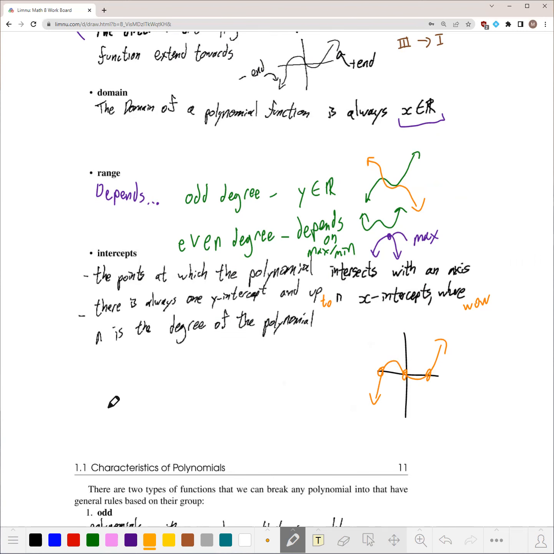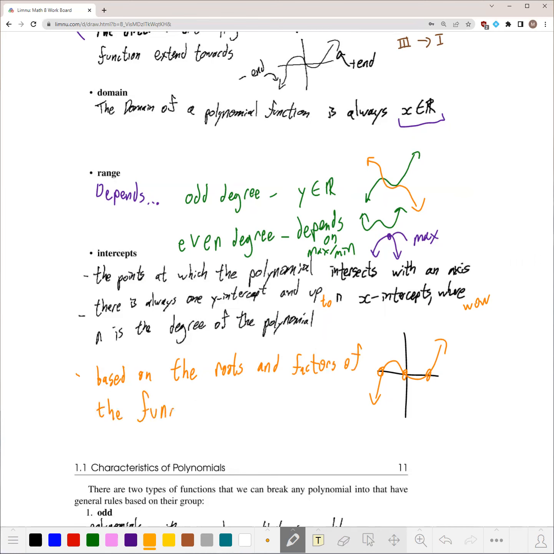Another thing that we can add to this that's really important that I'll add into the key as I go along is that these intercepts are based on the roots and factors of the function.